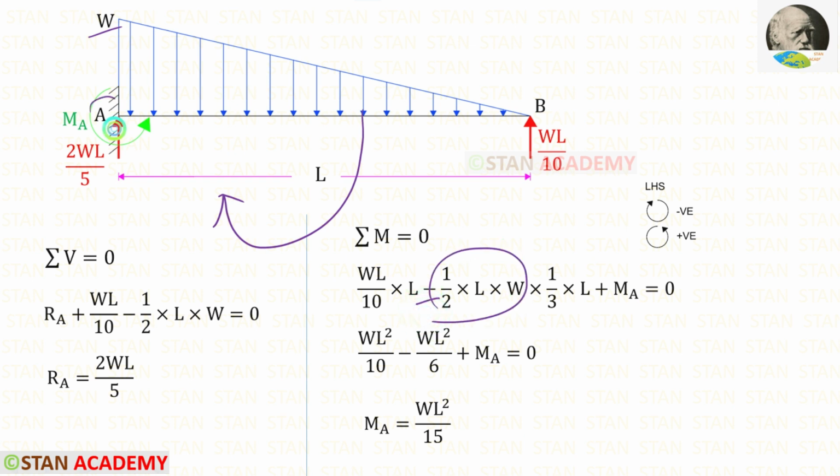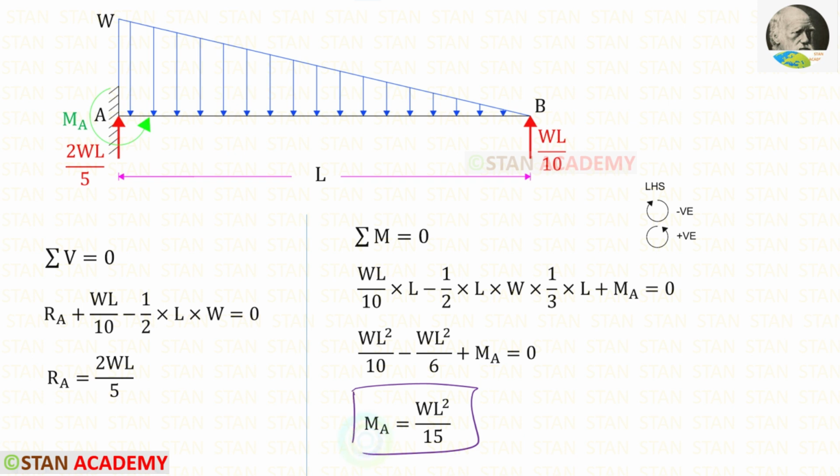About the point A, the centroid distance is 1 upon 3 into B. Here the breadth is L, so 1 upon 3 into L. MA will be acting in the anticlockwise direction so that it will be positive. Finally, for MA, we will get WL square upon 15.